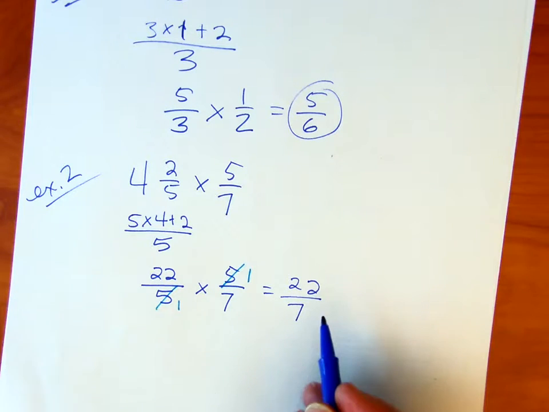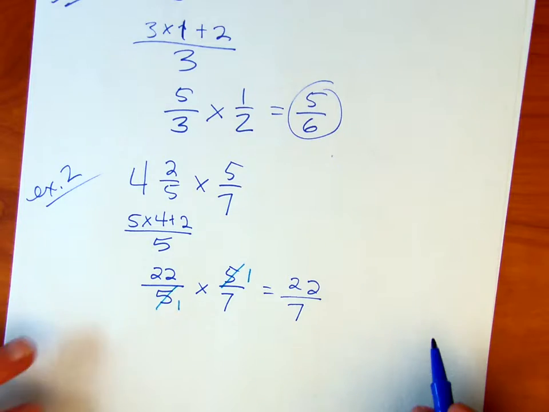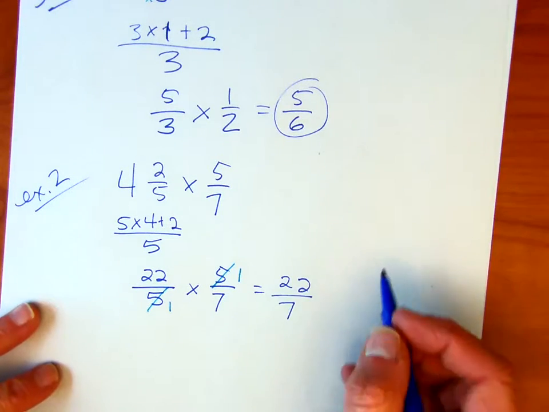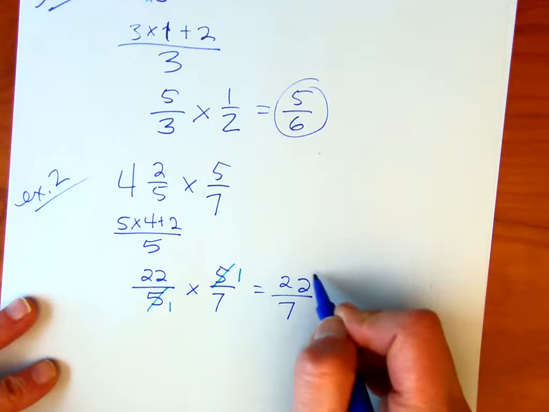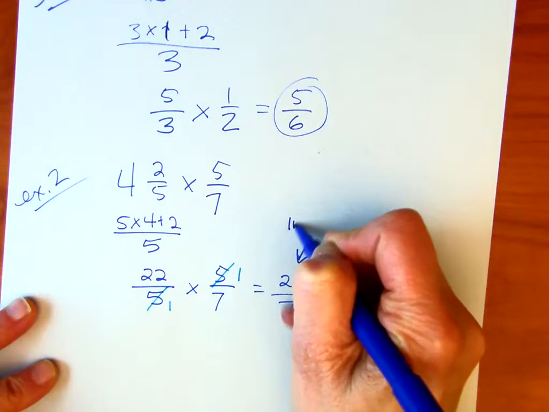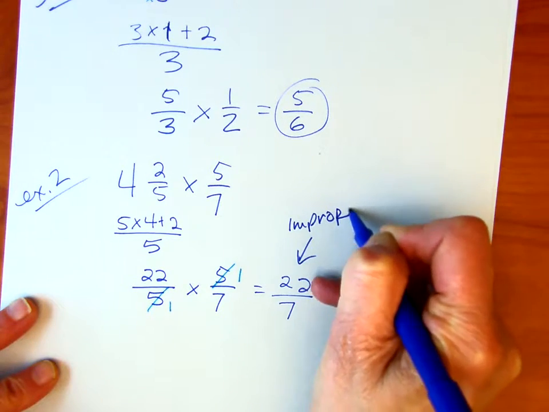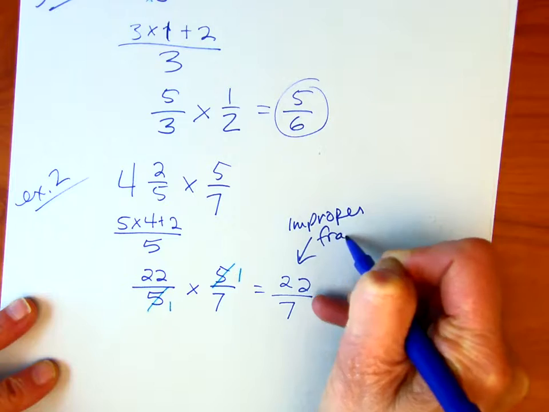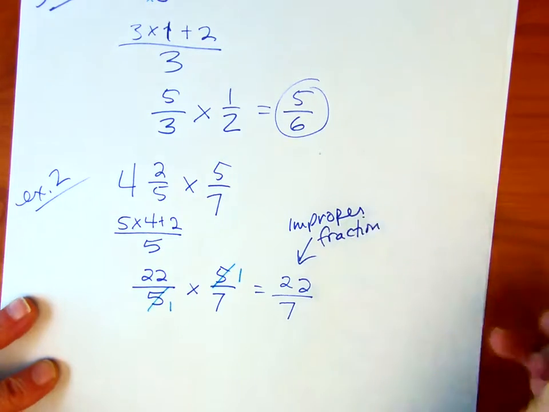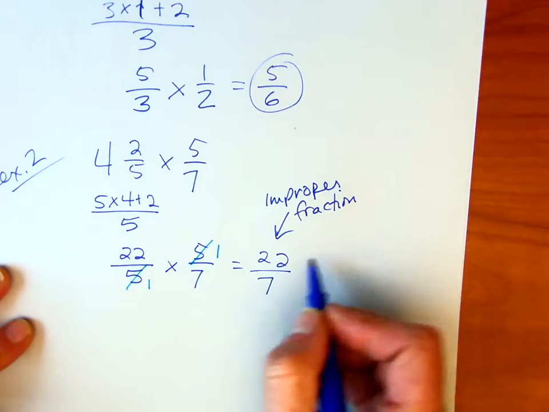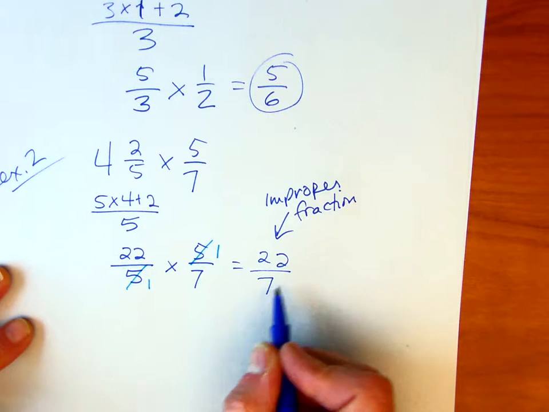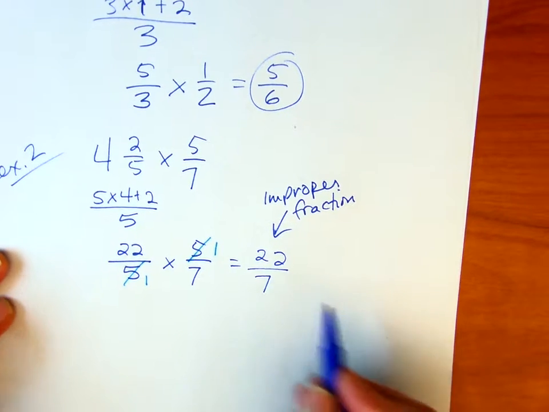Now 22/7 is going to be an improper fraction, and the rule of thumb is that if you have an improper fraction as your answer, you want to convert that to a mixed number. So we're not quite done when we get to this point here. We want to then convert that to a mixed number.